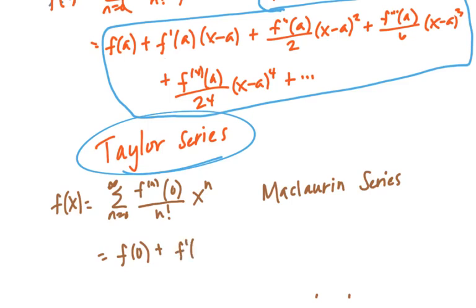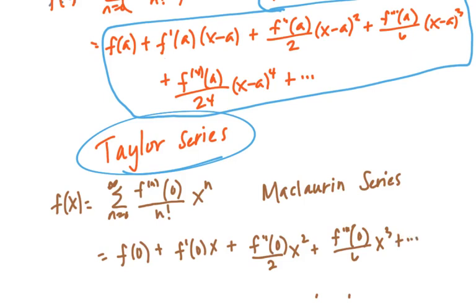So it's just the first derivative at 0 times x to the first, plus the second derivative at 0 over 2 factorial, which is 2, x to the second, plus the third derivative at 0 over 3 factorial, which is 6, x to the third. And you can see the pattern happening. So this is the Maclaurin series.